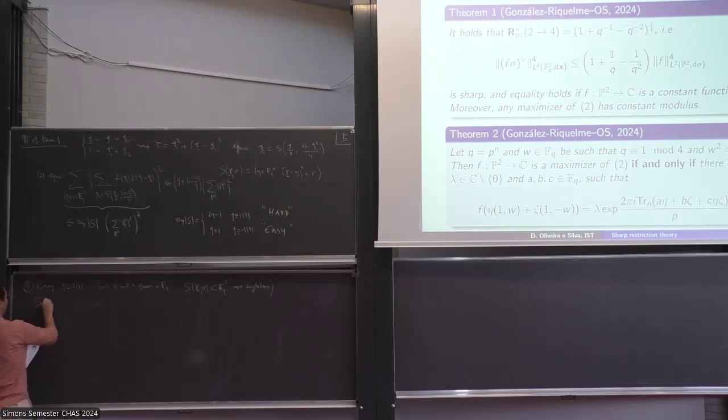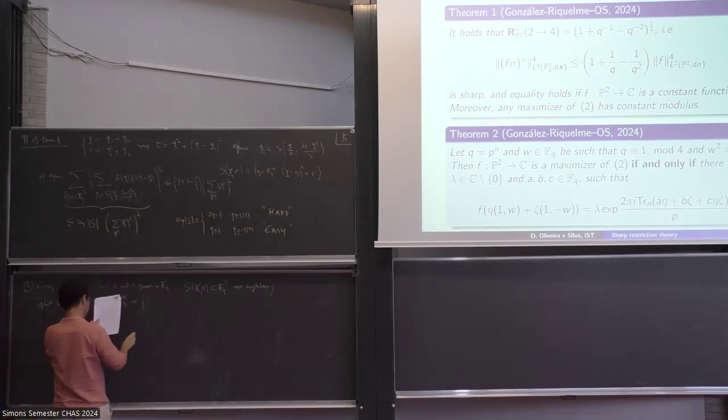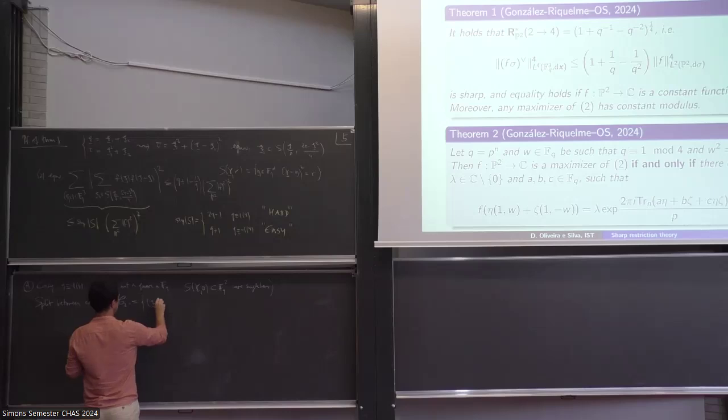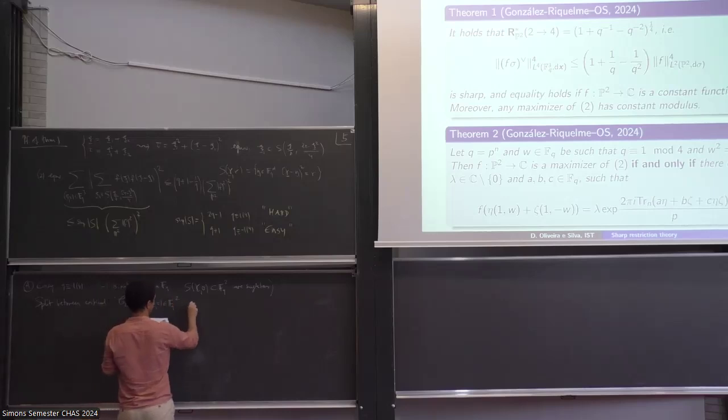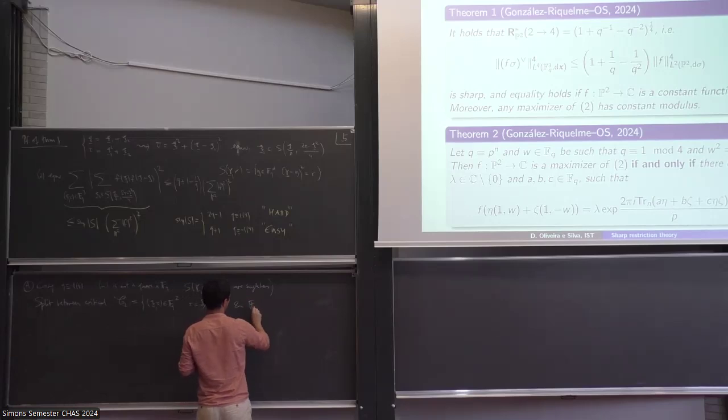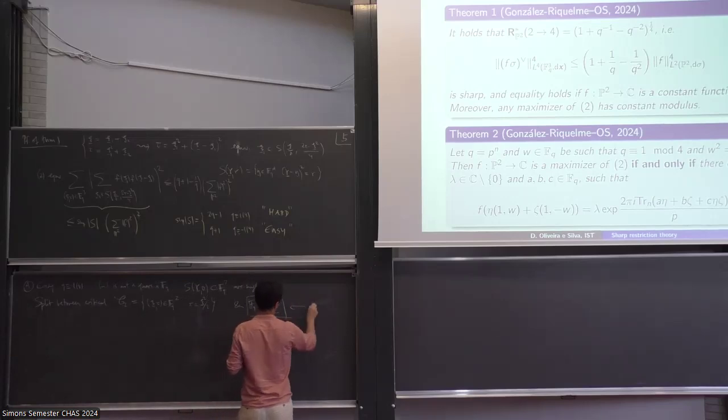Split between the critical set C2, the same C in F_q squared such that tau is c squared over 2, and its complement in F_q cubed take away C2. And here, Cauchy-Schwarz suffices.